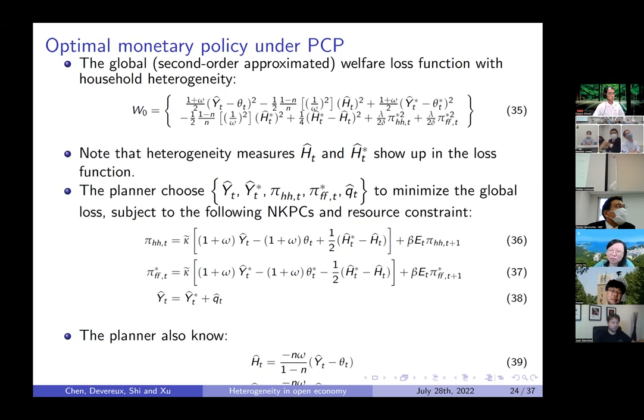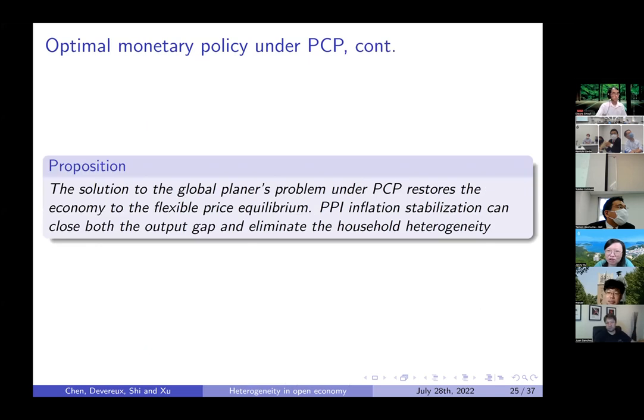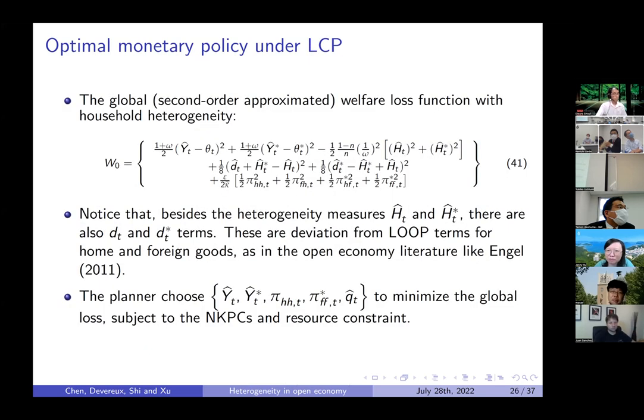But in the PCP case, the central bank can correct the price dispersion without any problem. Because in the PCP case the consumption heterogeneity is proportional to the output gap, by closing the output gap they can also close the heterogeneity. But this is no longer the case in the LCP.